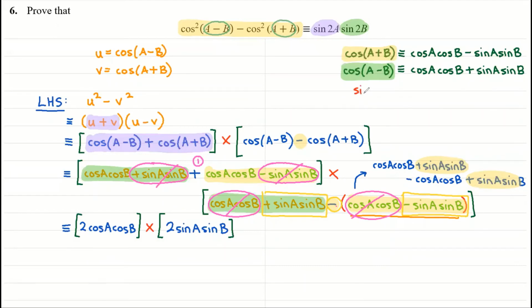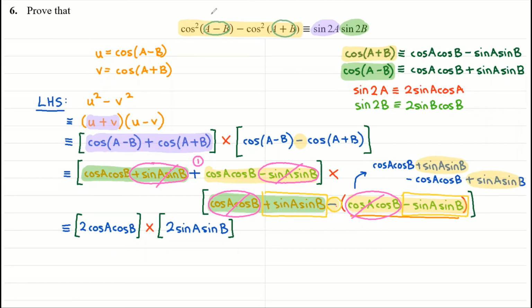So sine of 2A would just be identical to 2 sine A cos A, and similarly sine 2B is simply going to be 2 sine B cos B. And you'll notice from the brackets, I can show this really clearly just by putting my factors, my cos A's and cos B's, sine A's and sine B's, in a particular order. So it really emphasizes that we've got sine 2A and sine 2B multiplied together.